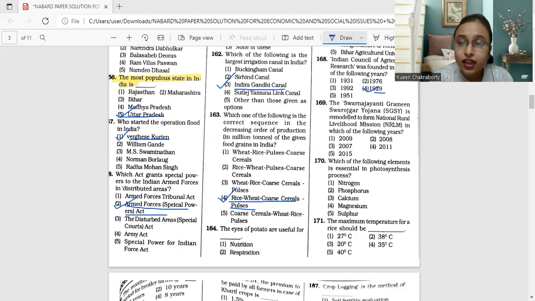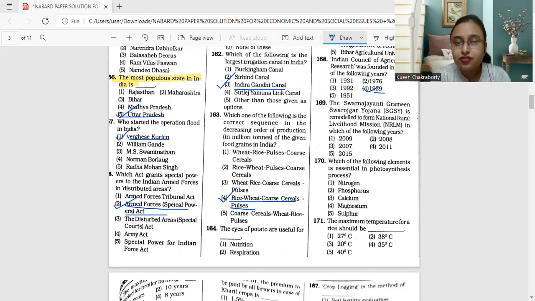According to the SGSY, which is the Swarna Jayanti Gramin Swarojgar Yojana, it was renamed and remodeled as the National Rural Livelihood Mission, which is the NRLM, in 2011.